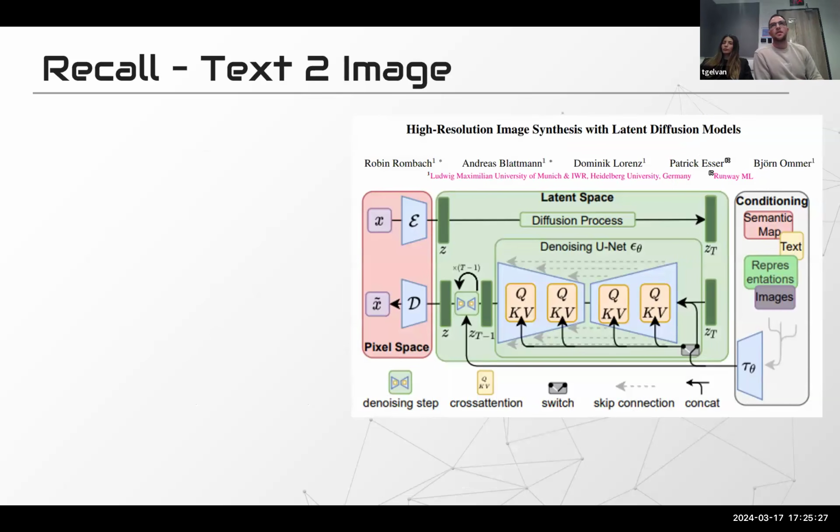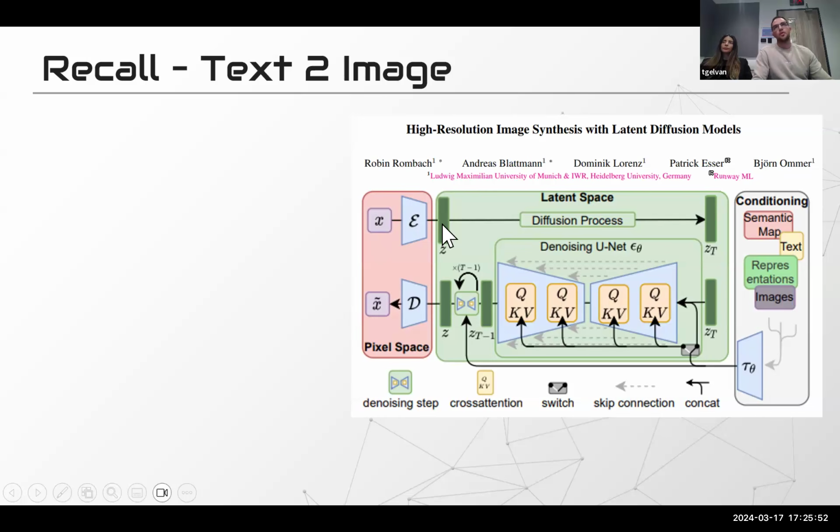Before we dive into the details, I just want to recap some basic concepts that we will use in our slides. As you saw last week, we had a paper on high resolution image synthesis with latent diffusion models. You know the concept, so I will go through it very quickly.